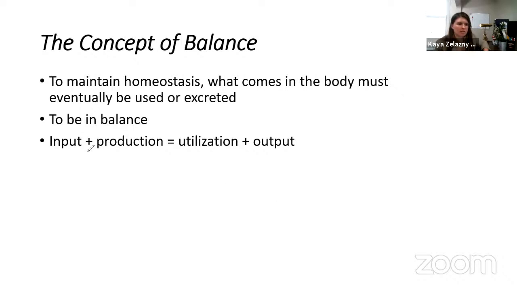So when we say something is in balance, what we really just mean is that in equals out. So the amount of our thing, specifically water, the amount of water input into our system, so the amount you're drinking, plus anything your cells are producing. So here's where we want to remember that water actually is a byproduct of cellular metabolism.